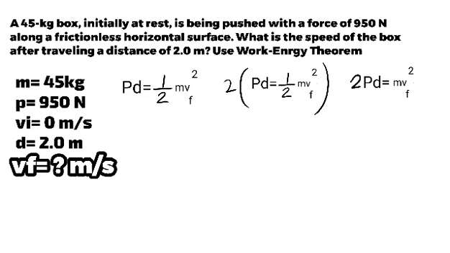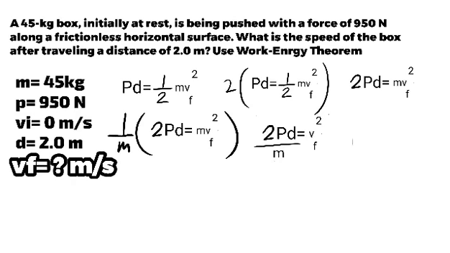Since there is still a mass beside the final v, we do a similar thing, multiplying by 1/m. We get 2Fd over m equals final velocity squared. But it's not yet done. We are finding vf, not vf squared, so we use the square root.